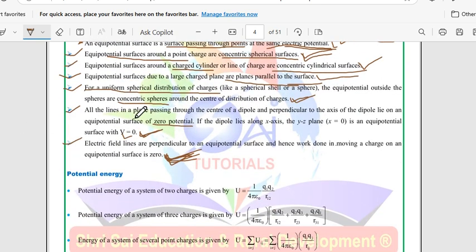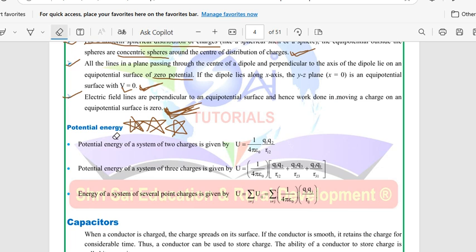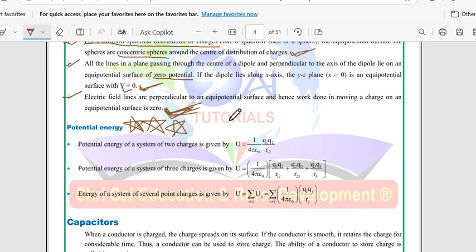The next and most important concept is potential energy. It's a basic phenomenon.